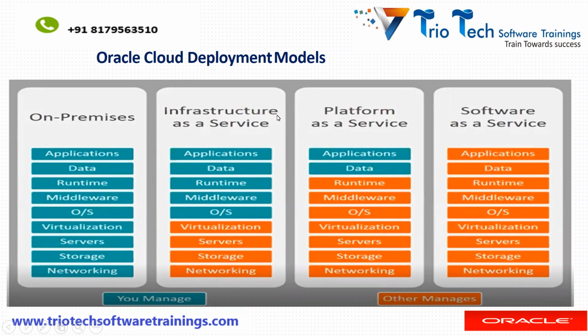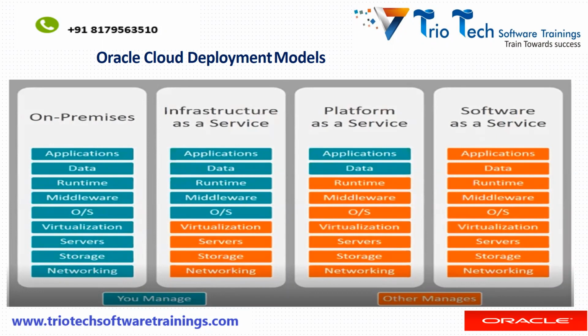I will come back to IaaS and PaaS later, but our focus here is on SaaS. SaaS is the last column which I've highlighted here, where we see everything is orange. Since this is cloud-based SaaS, once the company decides to implement Oracle Fusion Cloud, they will simply subscribe and pay a subscription fee for the specific modules.